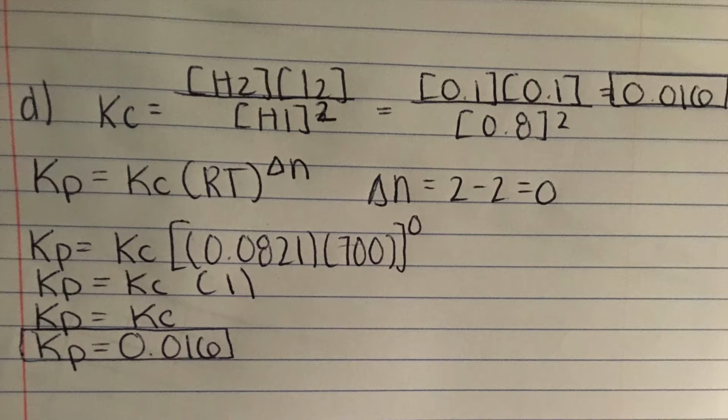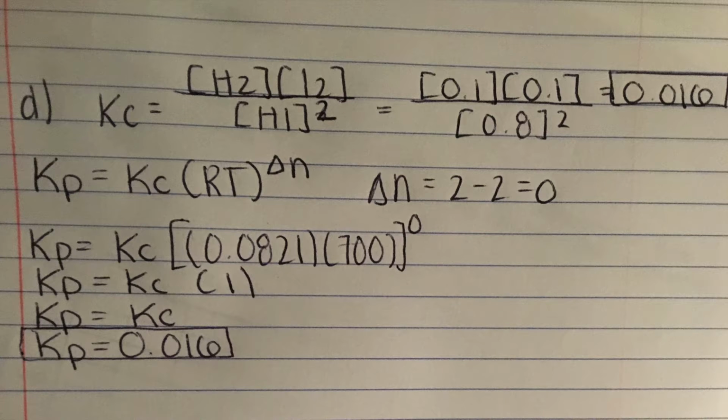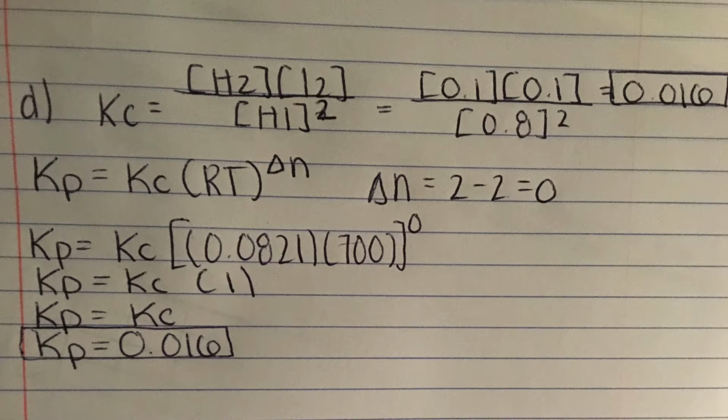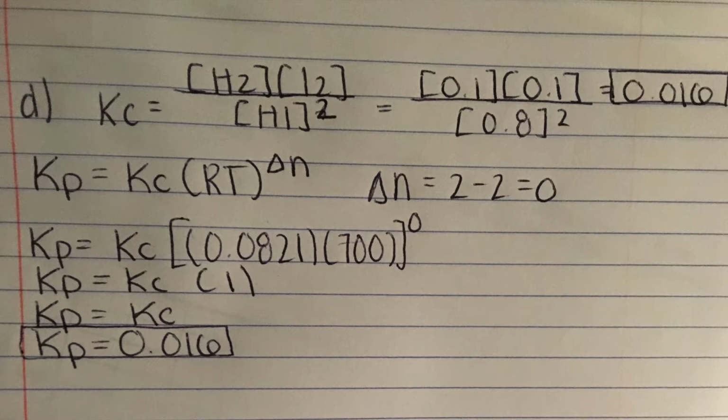To find Kp, I use the equation Kp equals Kc times (R times T) to the delta n power, where delta n equals the change of moles of the products minus the reactants. There's a total of 2 moles on the reactant side from 2 HI, and there's a total of 2 moles on the product side from hydrogen gas and iodine gas. So delta n equals 2 minus 2, which equals 0.